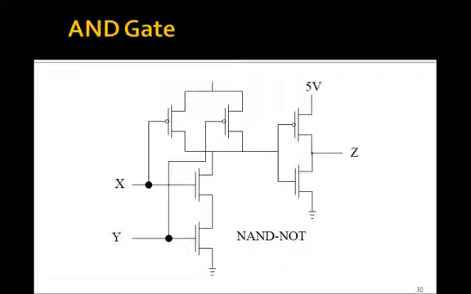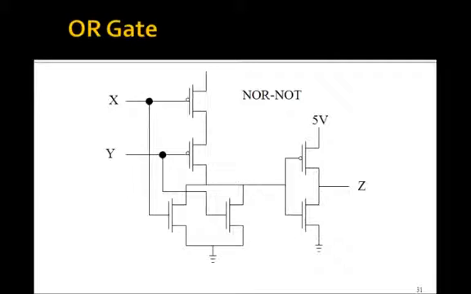So we see that NAND gates are actually easier to make than AND gates. And similarly, to make an OR gate, we need to take a NOR gate, these 4 transistors, add these 2, NOT, and we end up with an OR gate. Again, PMOS ones all going up to 5 volts, NMOS ones all going to ground.